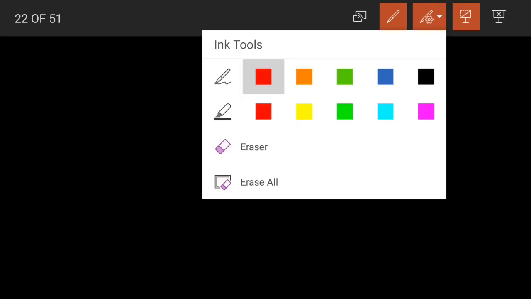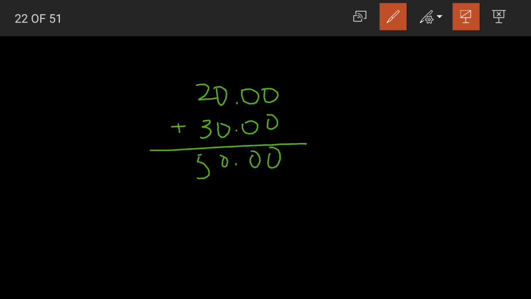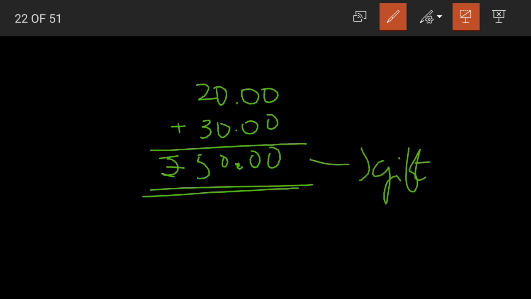If we add them together, children, 20 rupees 0 paise, 30 rupees, 0 plus 0 is 0, 0 plus 0 is 0, 2 plus 3 is 5, placing a point here. The total cost is 50 rupees. So here the cost of the gift is 50 rupees. Now this has to be paid equally by two people.